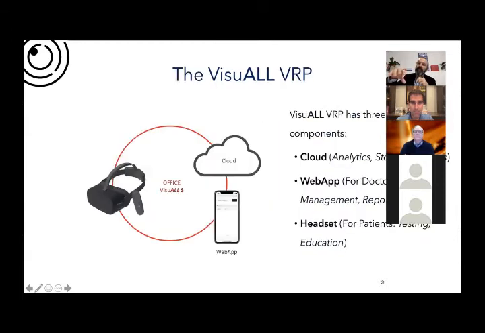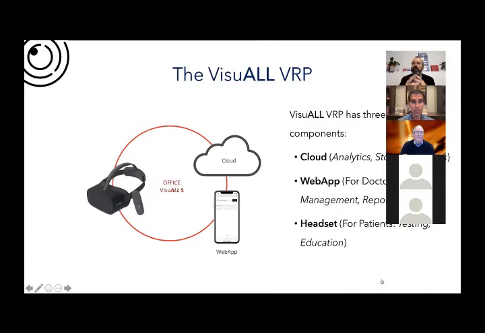The platform is divided into three main components: the cloud, which is where everything happens, all the analytics and algorithms run there; the web app, which is the tool that the doctor uses to access the platform, see the reports, prescribe the tests, and in general interact with all the VisuALL capabilities.